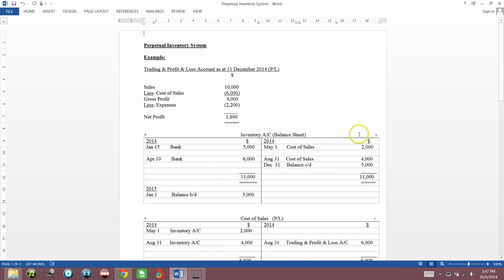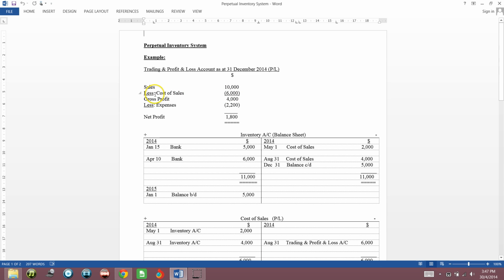For the perpetual inventory system, stock or inventory is recorded every time a sale is made. When a sale is made, your inventory goes out. This is a sample simplified trading and profit and loss account. Look here: sales less cost of sales. Cost of sales is just one line, one item.